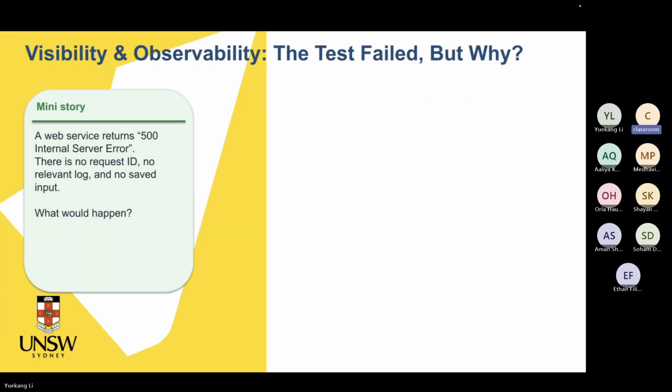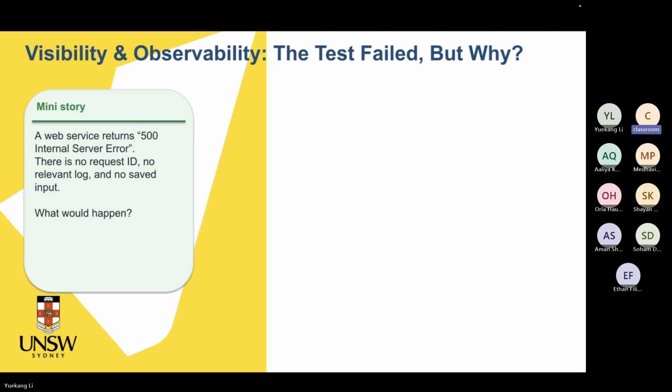And here's another example. Let's say that we try to test a web service, and this web service just returned 500 internal server error. And you may have encountered this when you do 1531, but yeah.